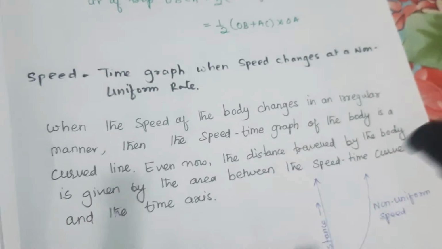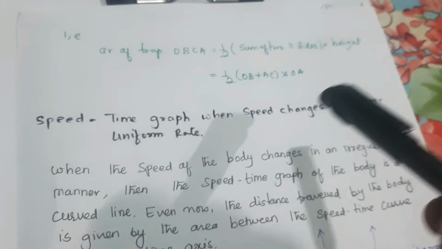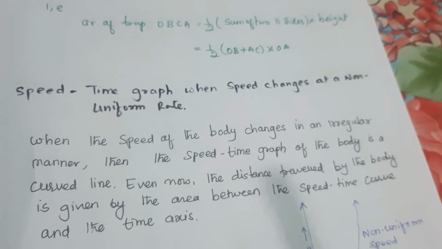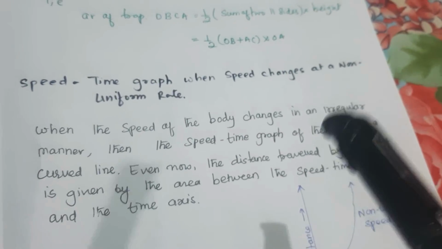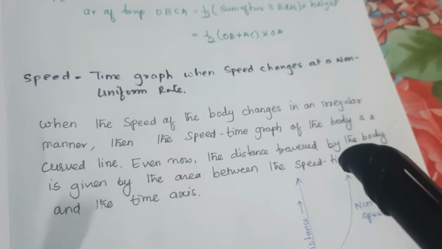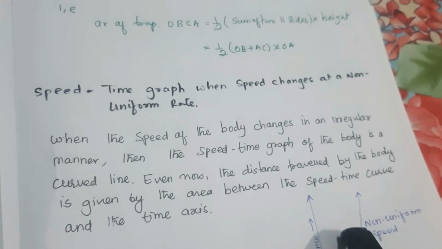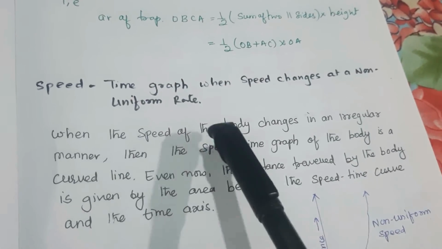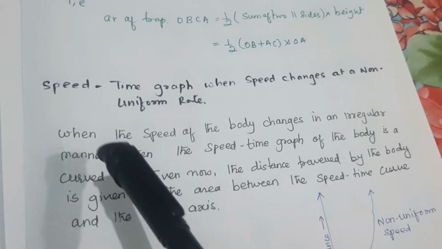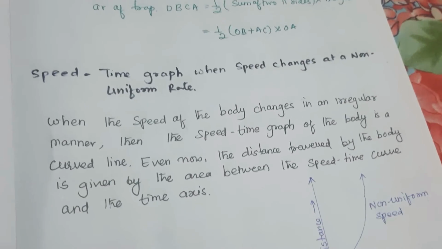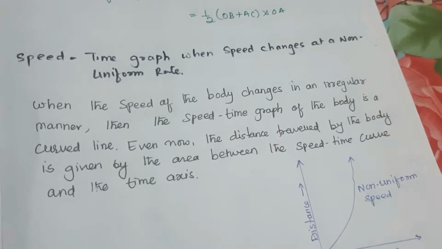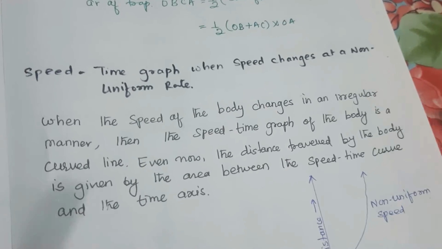Okay. Then in the next topic, we'll be talking about the speed-time graph when speed changes at a non-uniform rate. The previous one was for the uniform one. Now, when the speed of the body changes in an irregular manner, meaning it doesn't cover equal distance in equal intervals of time, at that time, what happens?